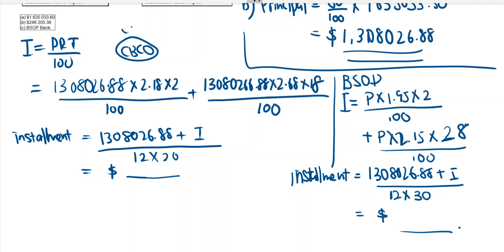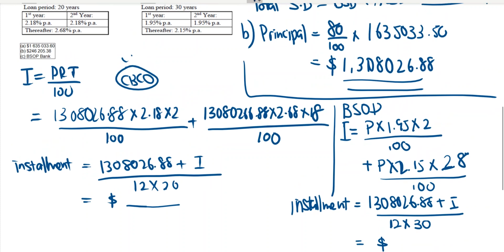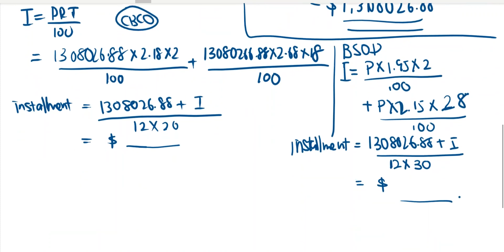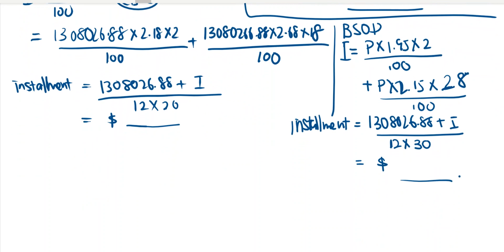So one of these amounts will be more than 6,000, and this is where you decide to choose. Like I said, even though the loan period of 30 years means you have to pay more interest to the bank, because you stretch it over a longer period of years, the amount that you need to pay every month will actually be lesser. So how do you argue?